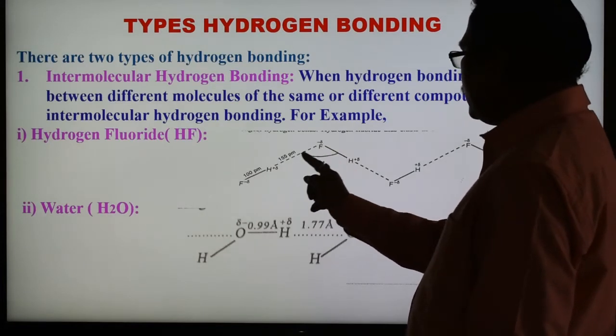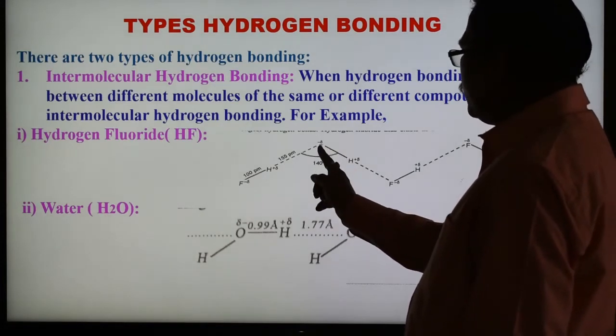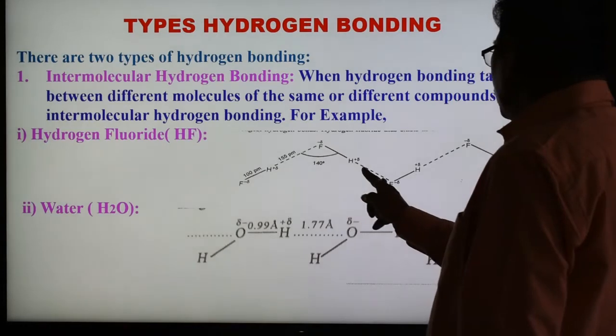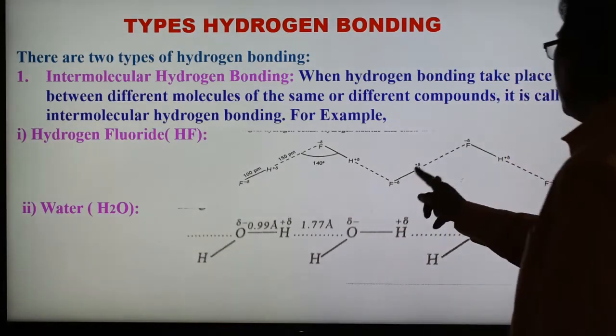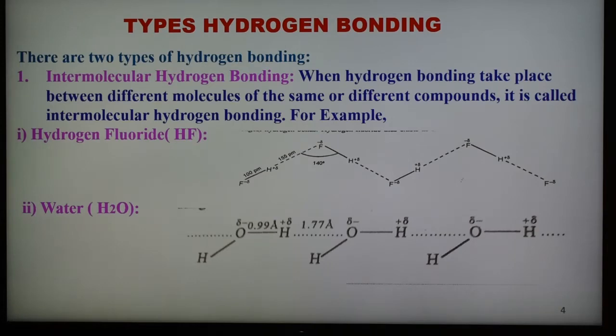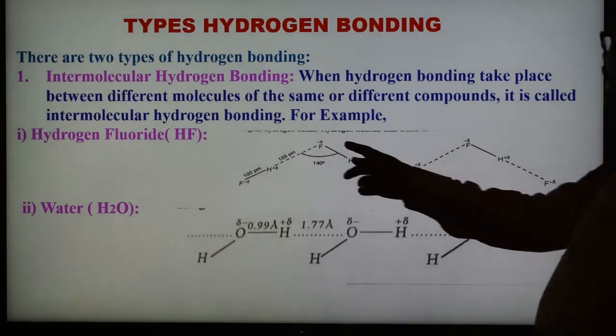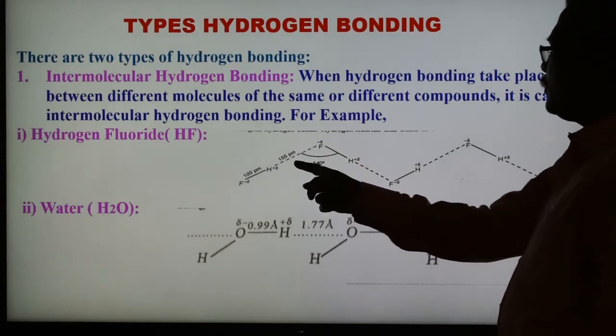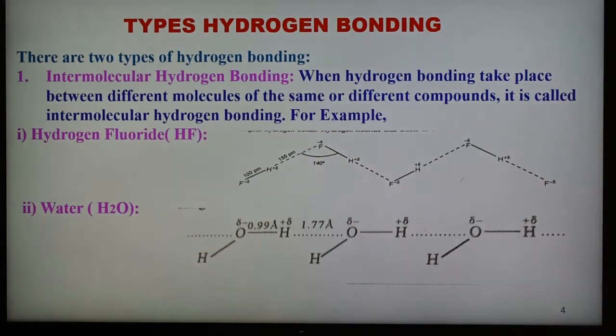This is the intermolecular hydrogen bond, with electronegative fluorine and hydrogen in alternate covalent bond and hydrogen bond. In this way, the hydrogen atom of one molecule forms a bond with the electronegative atom of another molecule. This is the hydrogen bond, which is shown by the dashed line.